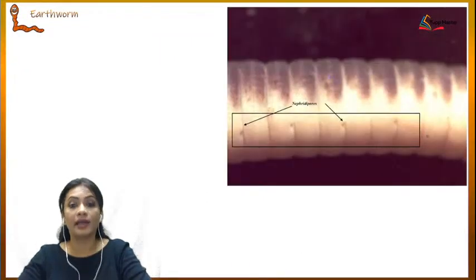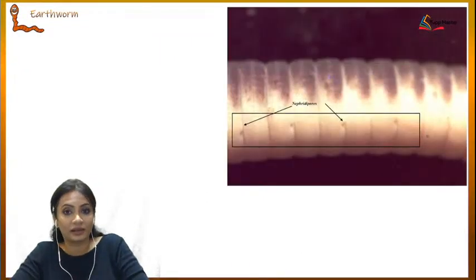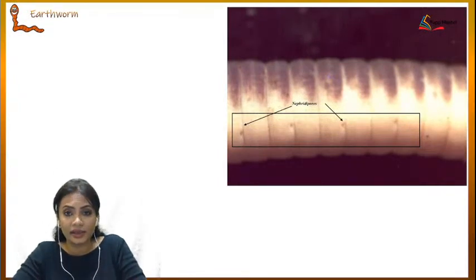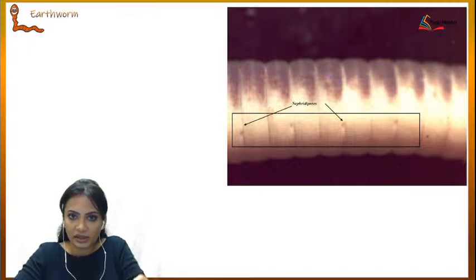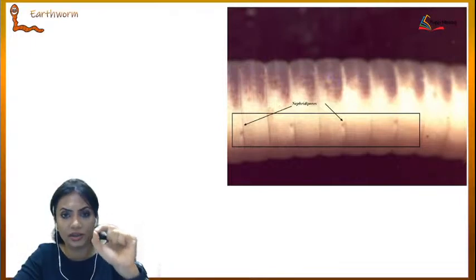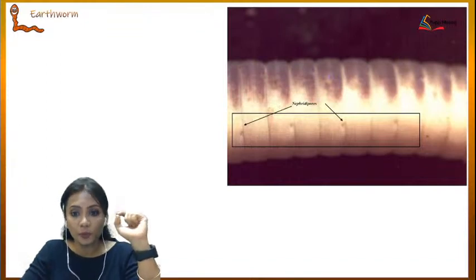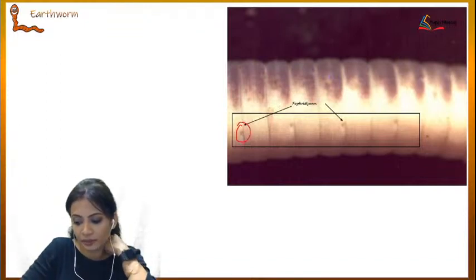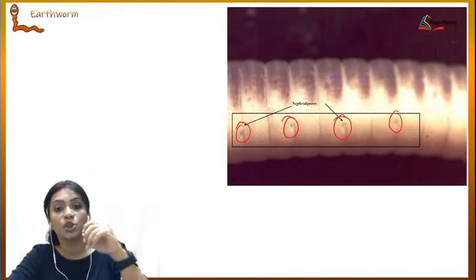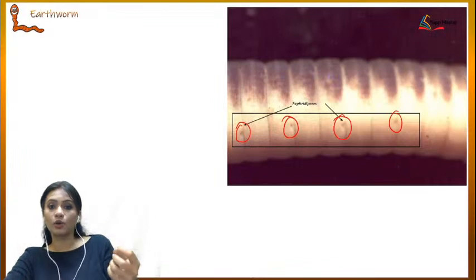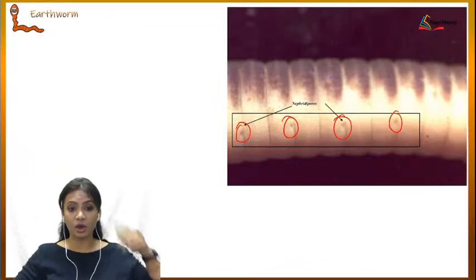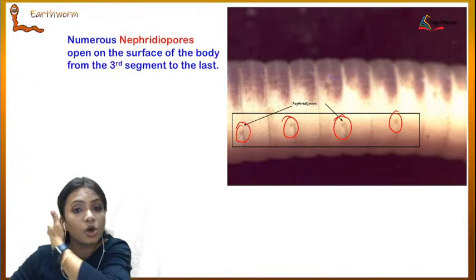All right, now we also see the excretory system. In an annelid, excretory waste materials come out of the body through small openings on the surface, and those small openings, can you see how they are present here? I'm just circling those small openings there. Because they are going to be throwing out excretory waste, those small openings may be called the nephridiopores.